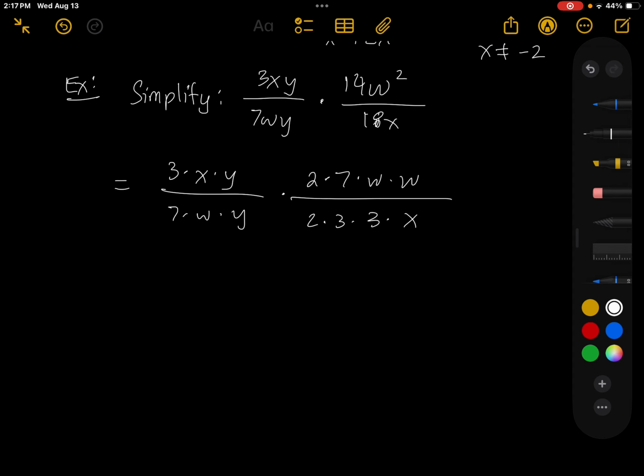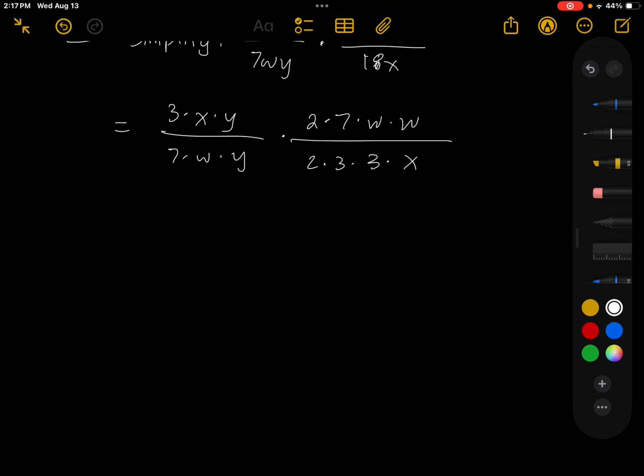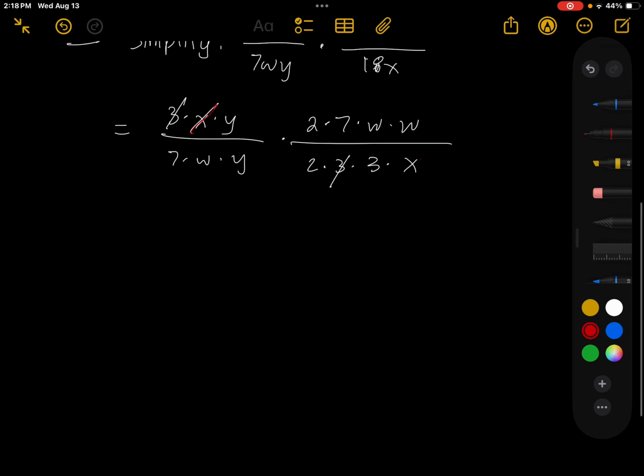Now, hopefully we know that when you have factors on the top and bottom, we can cancel. So what terms can we cancel? Well, this 3 on the top, I can cancel with the 3 here. The x, do I have an x in the denominator? Yes, that cancels with that. I also have a y on the top.